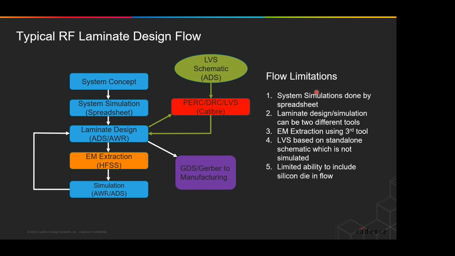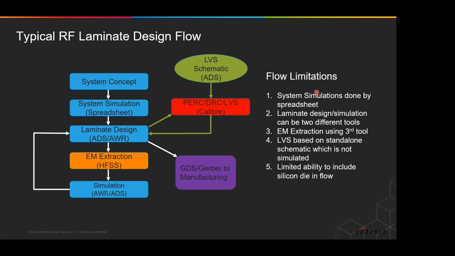Then we see people doing system simulations or lineup simulations in spreadsheets still today. Laminate design is done primarily in microwave tools like ADS or AWR. EM extraction is done in HFSS, and then simulation is done in either AWR or ADS.